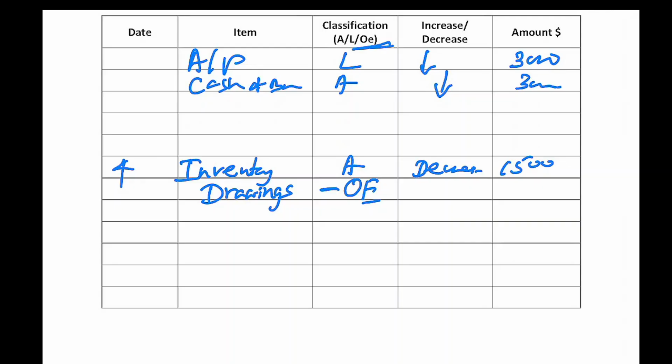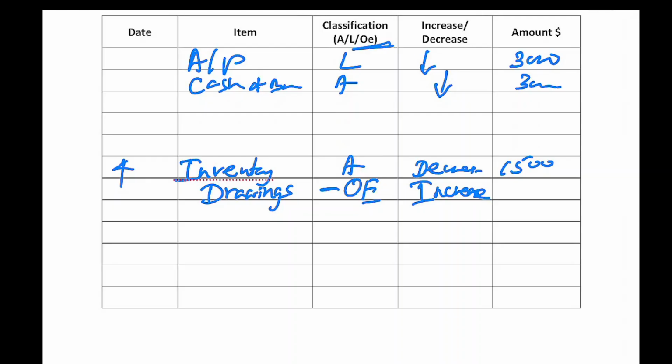Increase, guys. Why? Does that mean the owner's equity increases? No, the negative part of the owner's equity increases, which means the normal owner's equity decreases.